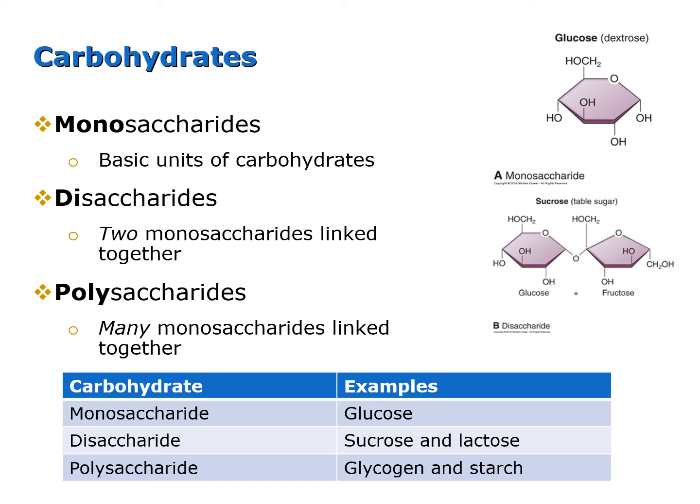Whenever I have a big linked chain of monosaccharides, that is called a polysaccharide. Examples are glycogen, the storage form of carbohydrates in animals, mainly in the liver, and starch, the form of deposit of large linked monosaccharides in plants.